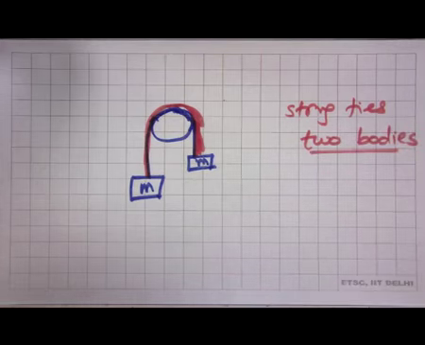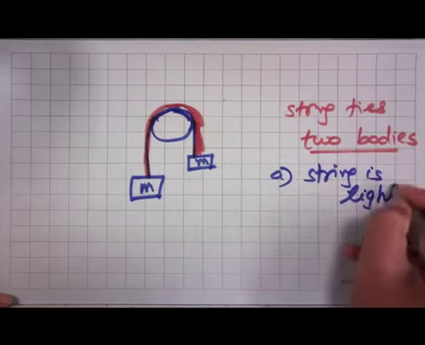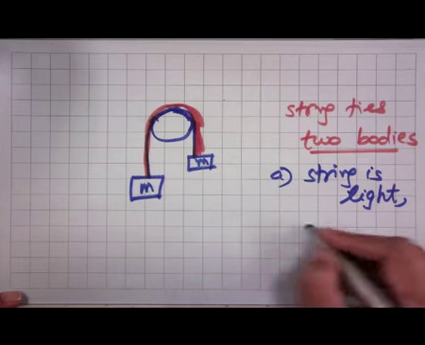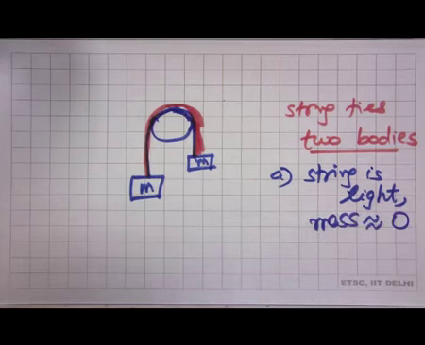Now, here we make two assumptions. One is, we say that the string is light, which means its mass is nearly equal to 0.